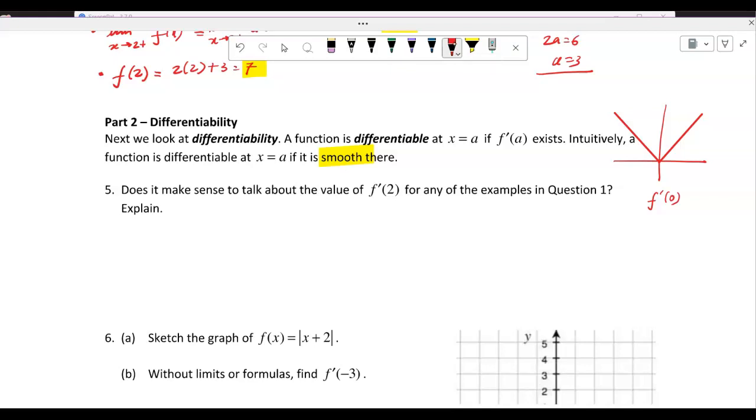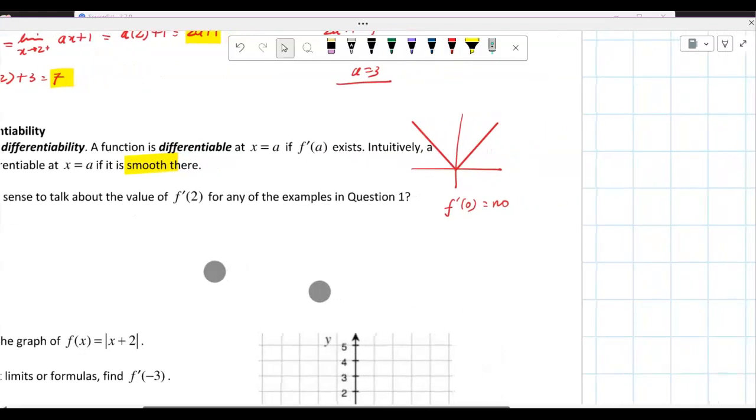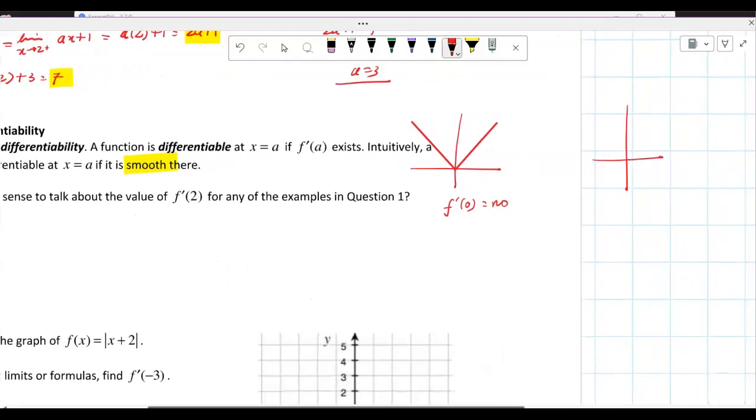No, because it's a sharp point. It's not a turning point issue. Any sharp point, the derivative does not exist. If you have a cusp like this, the derivative does not exist.